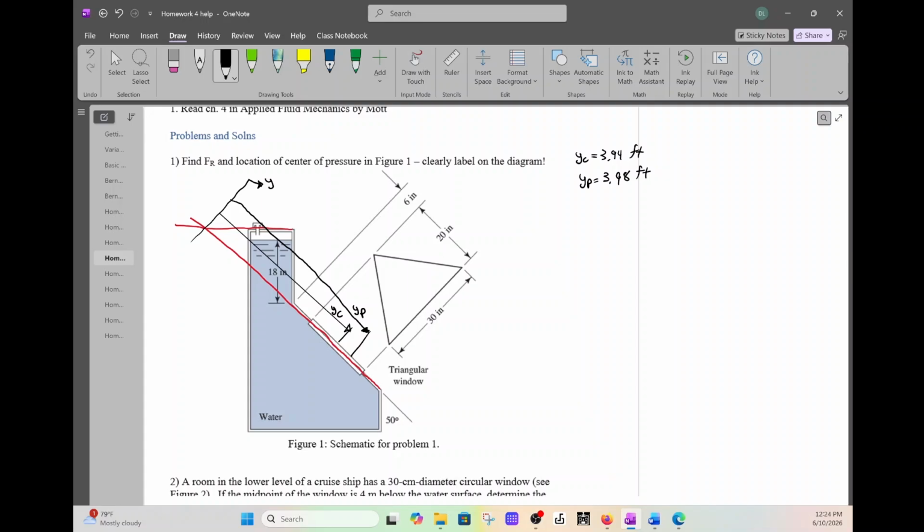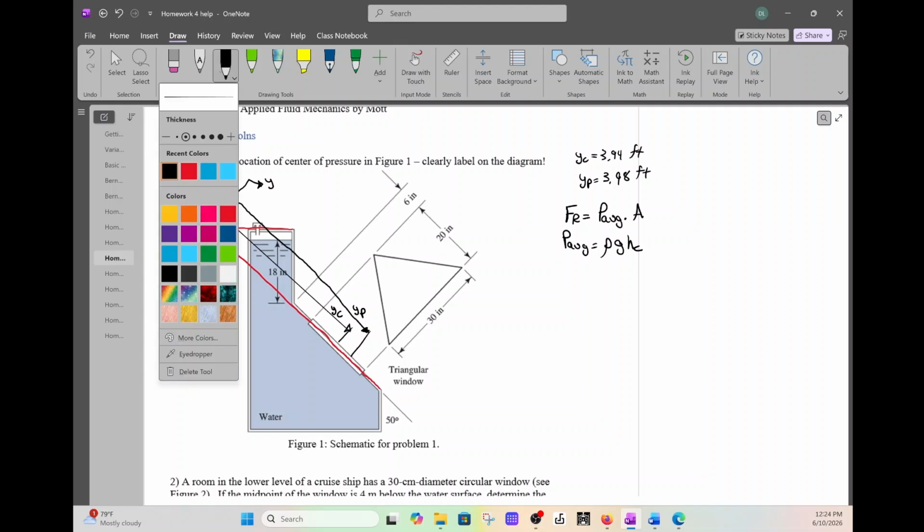All right. So we know that FR is P average times the area. We can find the area of the triangle, which is base times height over 2, or 1/2 base times height. We know P average is rho g HC.